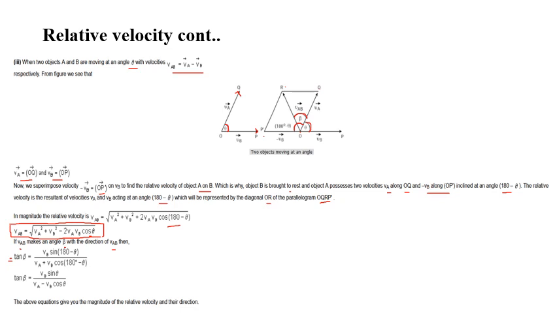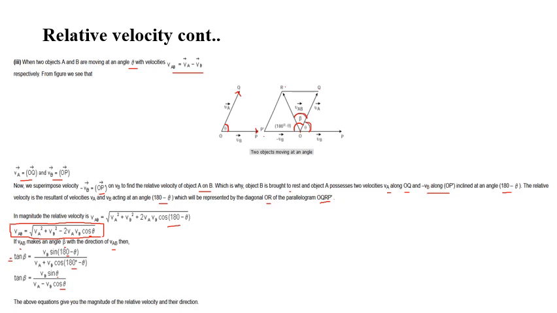So tan beta equal to VB sin 180 minus theta divided by VA plus VB cos 180 minus theta. What is sin 180 minus theta? Sin theta. Cos 180 minus theta? Minus cos theta. So tan beta is VB sin theta divided by VA minus VB cos theta.